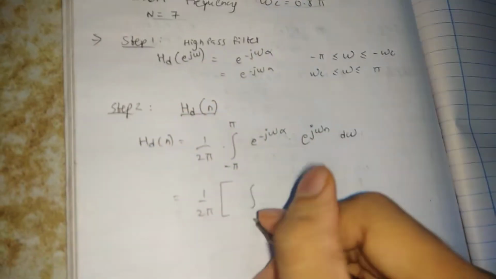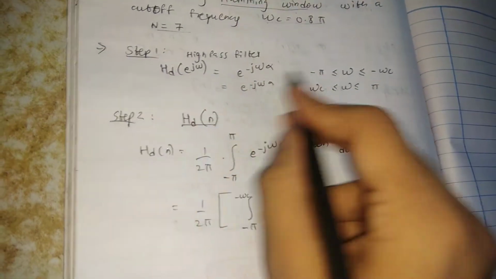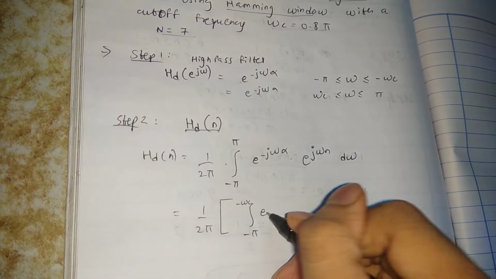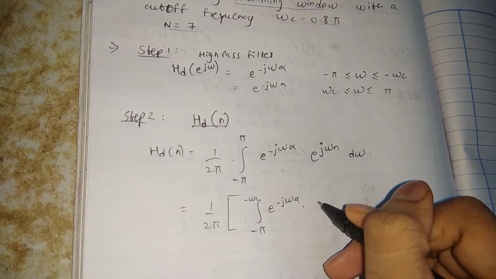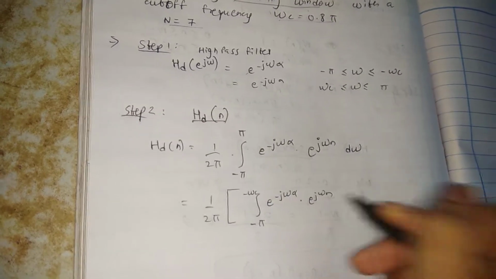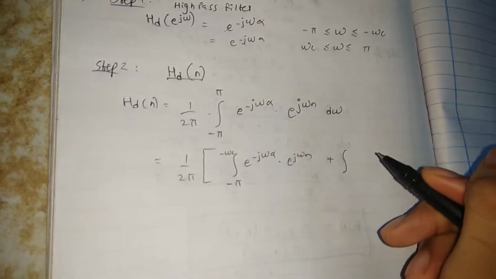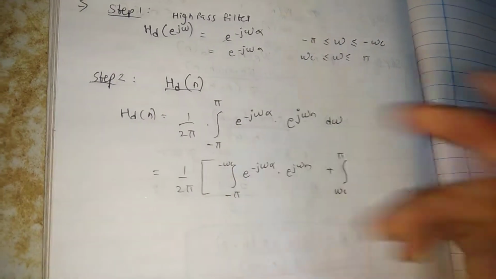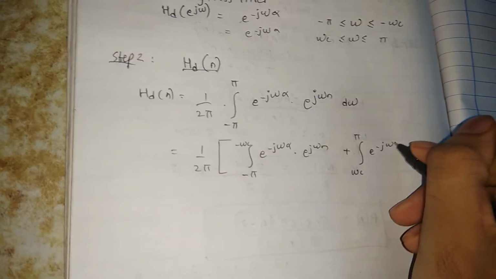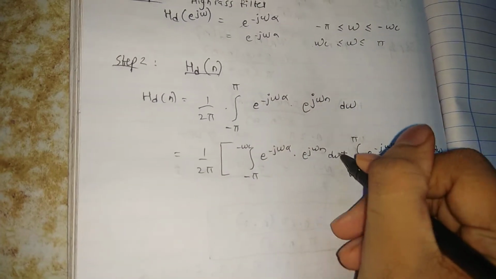The first limit I am writing here, minus pi to minus omega c, and the equation is e raised to minus j omega alpha into e raised to j omega n d omega. Plus the second integration limit is from omega c to pi, and the value is the same, e raised to minus j omega alpha multiplied by e raised to j omega n d omega. Here also d omega, meaning integrate with respect to omega.